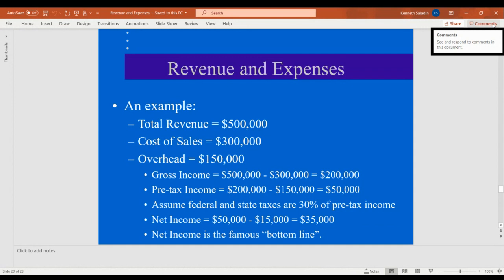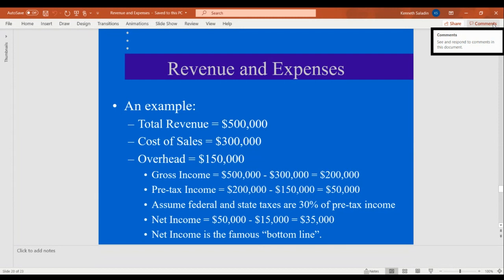Overhead, which we defined as being those fixed expenses, in this example is equal to $150,000. So here's how we can calculate gross income. Gross income is going to be the total revenue, $500,000, minus the cost of sales, which is equal to $300,000. So when you take 500,000 minus 300,000, you get $200,000, and that is the gross income.